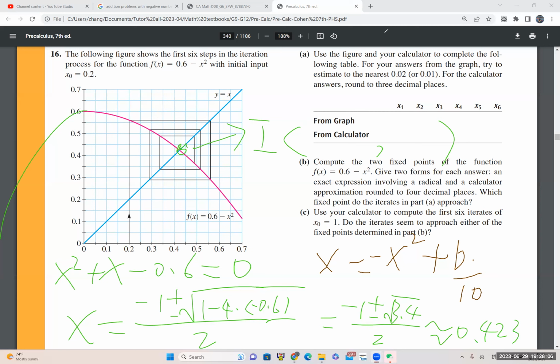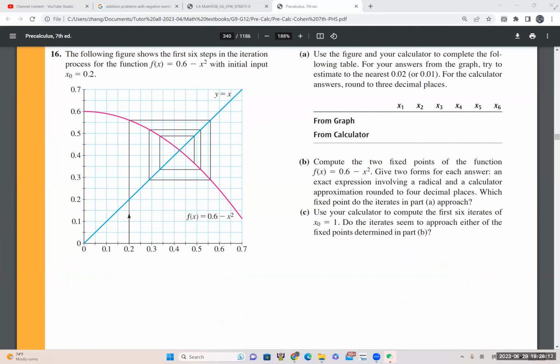So now let's think about what answer the book provided. Let's quickly go to check.